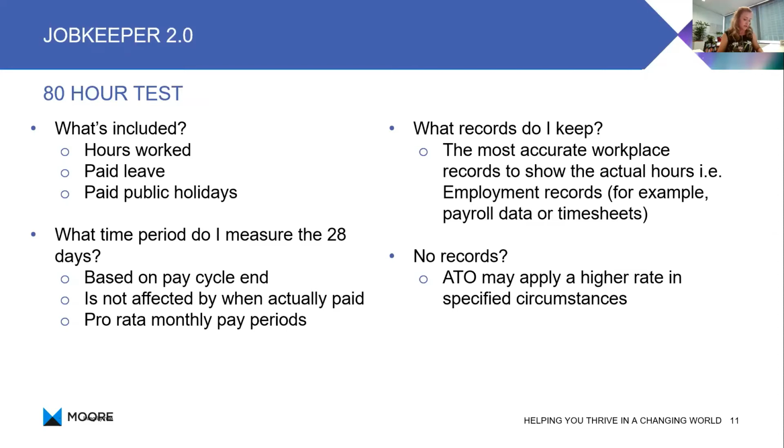That might be one way that you can get into the tier 1, the top tier payment. You might have had a written agreement with your employee to work 80 hours or more across that 28 days. So if your employment agreement is that they are employed for more than 80 hours across that 28-day period, then that might be an option for you. And there was a third one, and now let me see if I can find it.